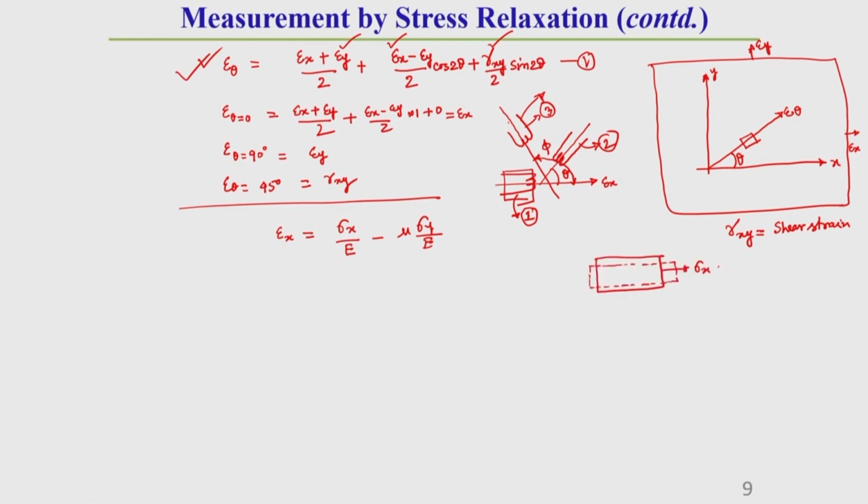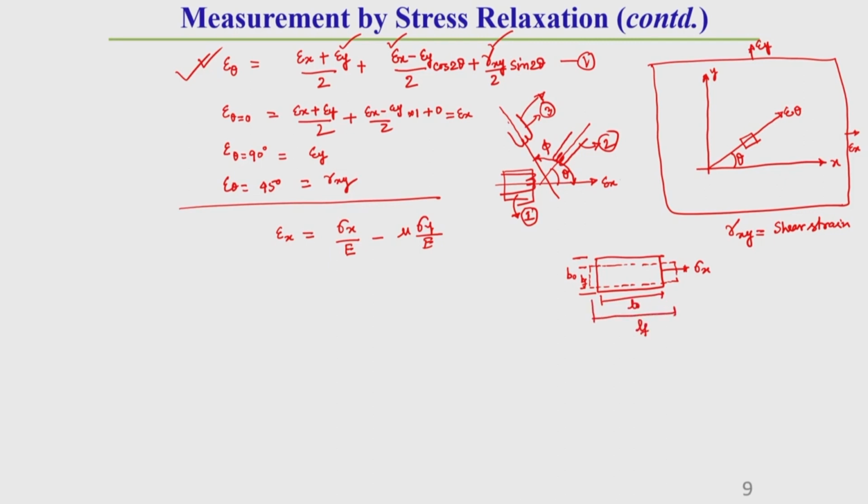Due to stress along the x axis, this body will elongate like this. Due to this elongation there is a length increment, but there is also a breadth decrement. Initially the breadth was B0 and the final breadth was BF, or width, and initially the length was L0 and the final length became LF.